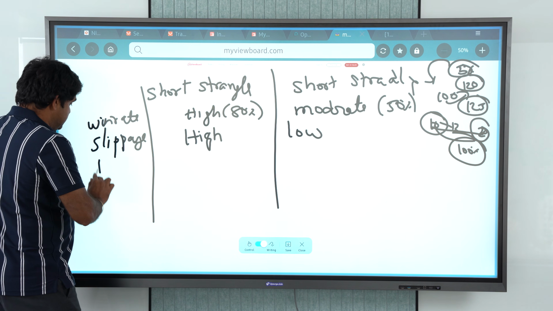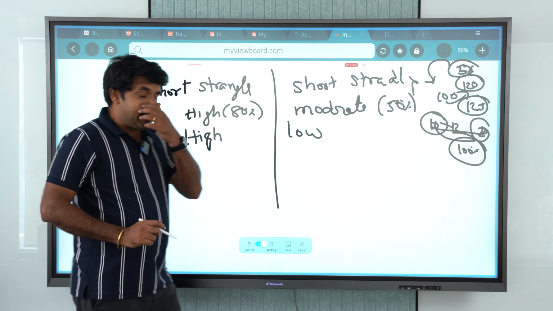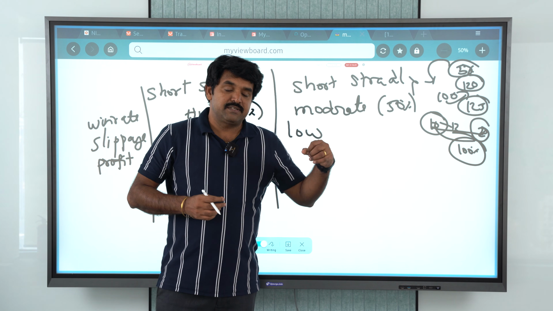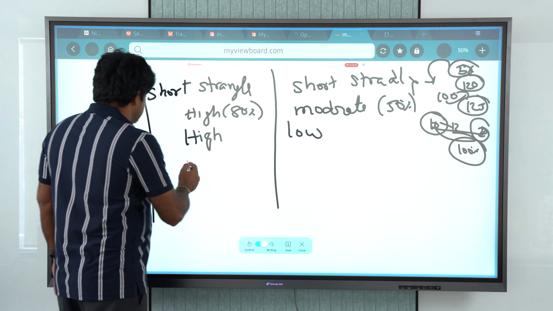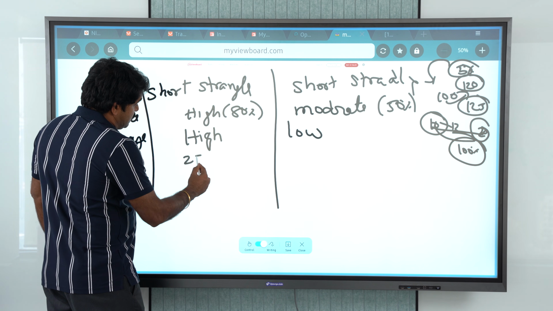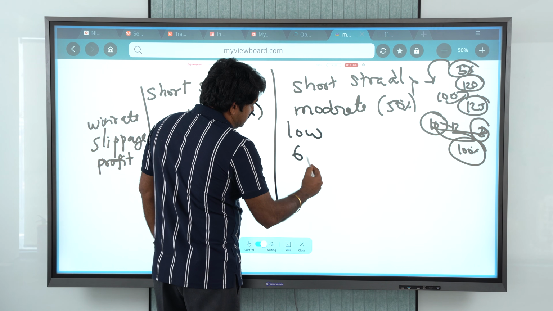Okay, and profit wise, you take any short strangle in intraday, say for example 100% stop loss or lower stop loss. Most of the time the profit is close to 250 rupees per strangle, and the straddle is close to 600 rupees.